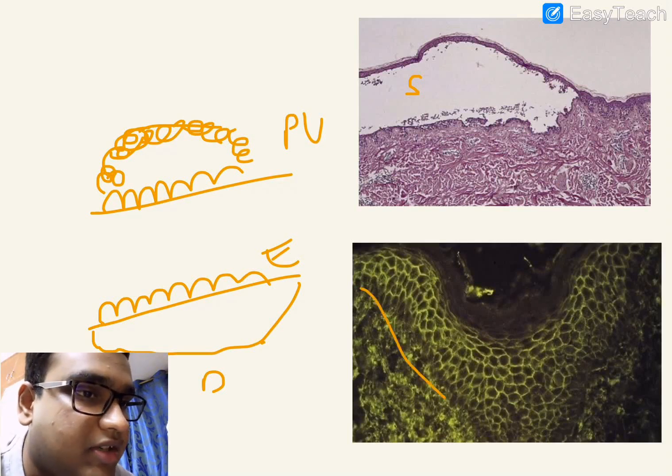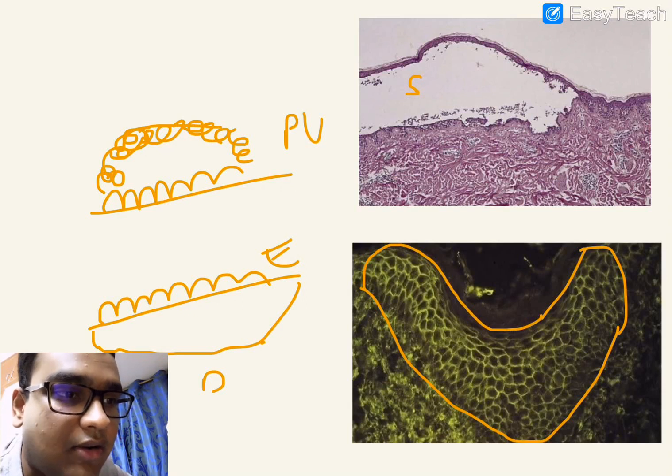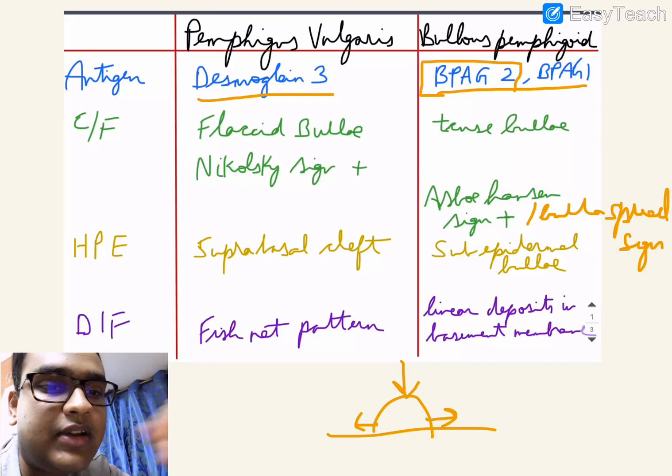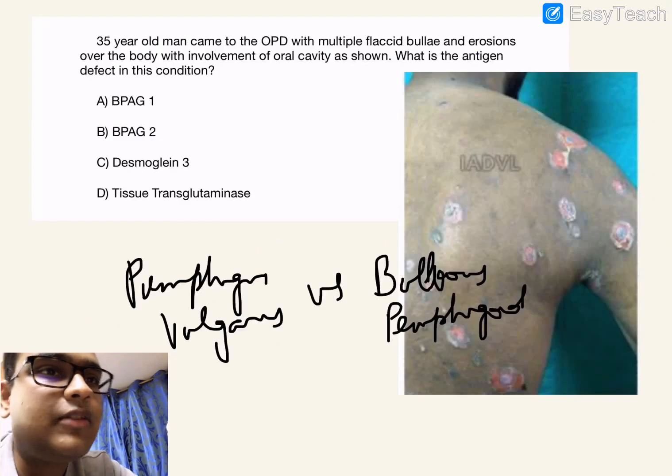You can find this fishnet pattern because the defect is in desmoglein 3, which is present all around the keratinocytes, so that gets illuminated here. Whereas in bullous pemphigoid it is a linear pattern which you can see in the basement membrane.